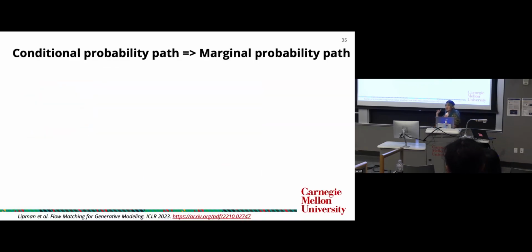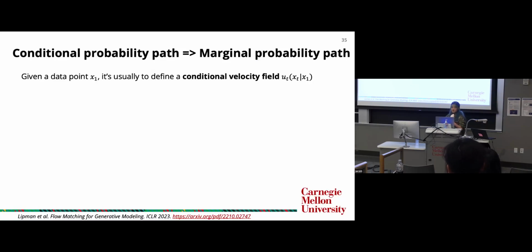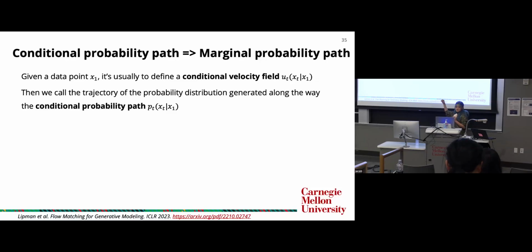So basically, this is what we're going to do as well. Let's say we fix a data point. We don't care about everywhere else. We just care about one data point. Then it's usually very easy to define what we call a continuous velocity field, a conditional velocity field, which means that the velocity depends on the endpoint, right?